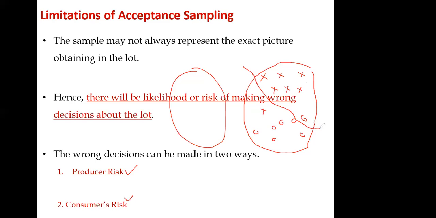Actually most of them are high quality, but because of the poor sampling method, they select this bad lot. It's not good for the company, because if they find a bad lot, they need to reject the whole case. This is called producer risk. The risk mainly goes to the producer, the company. Also, sometimes we assume few items are bad.